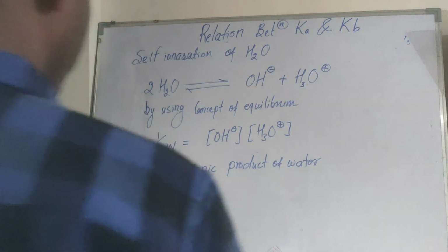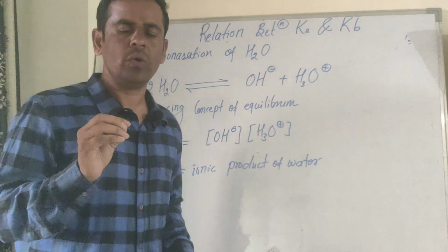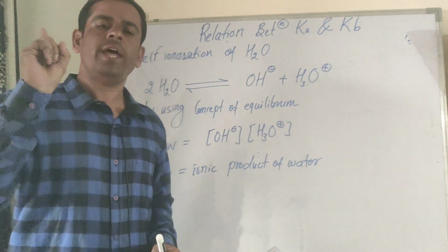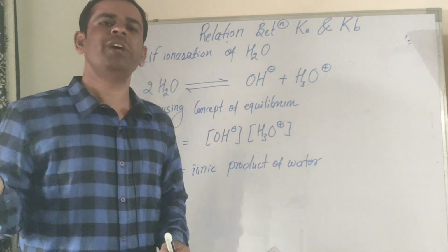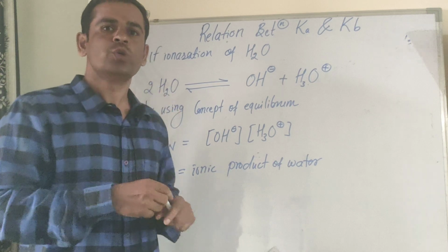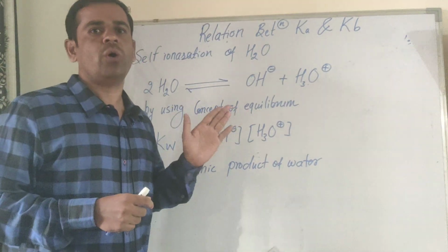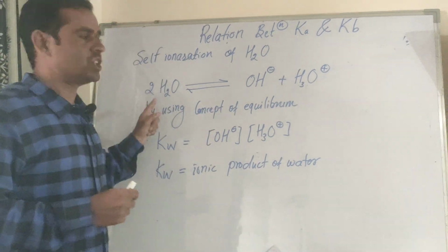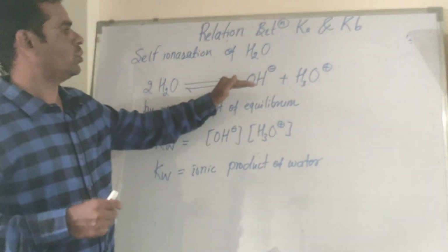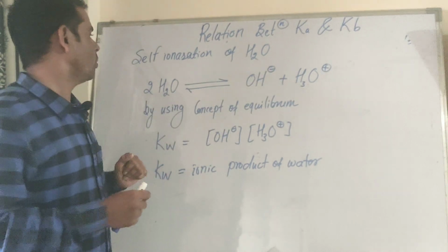When we dissolve acid and base in water, the self-ionization of water also occurs. H2O dissociates into OH negative and H3O positive.